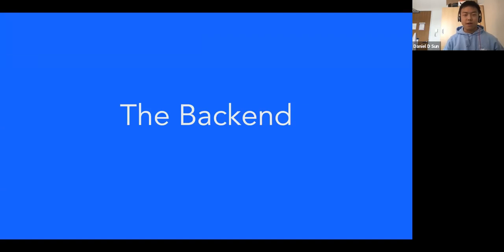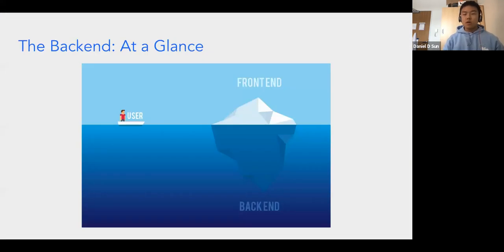Okay, let's talk about the backend. So I think this picture sums up how websites work pretty well. The user of your website is floating around on the surface, and what they see of your website is the front end. The part that they can see is the front end, but all the stuff that you put into your website, all the logic, all the code, is not all shown to the user.